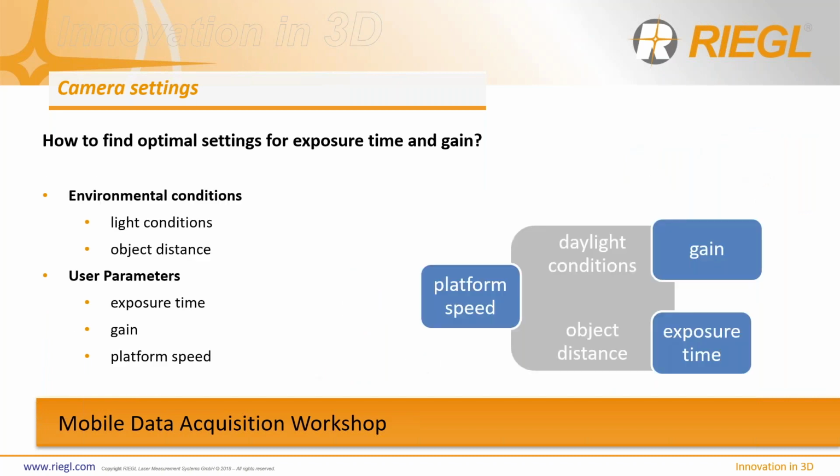So let's start with just looking at our trade space here. Things that we can control are how fast we're driving. We can control the gain of the camera, and we can control the exposure time. What we really can't control, and our kind of constants, are the daylight conditions. Between any given day, it's going to change. The shadows from trees and from buildings are going to get in the way.